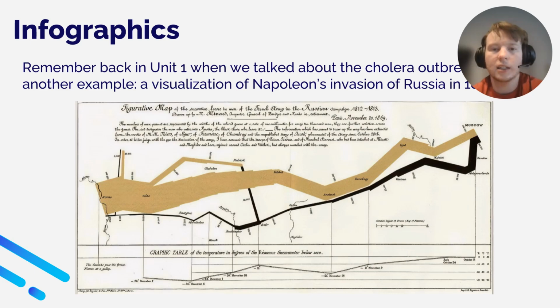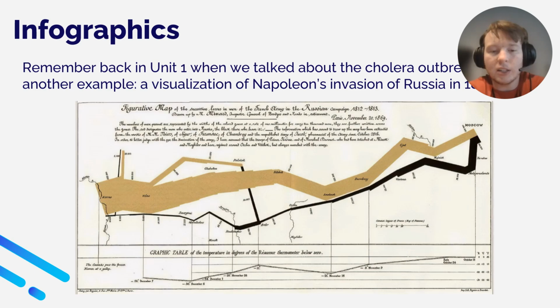First, the visualization of Napoleon's invasion of Russia, which is a little challenging to interpret, but effectively that brown beigey line is the number of men in the campaign on the way out, headed to Moscow. The width of the black line is the number of men coming back in this army.